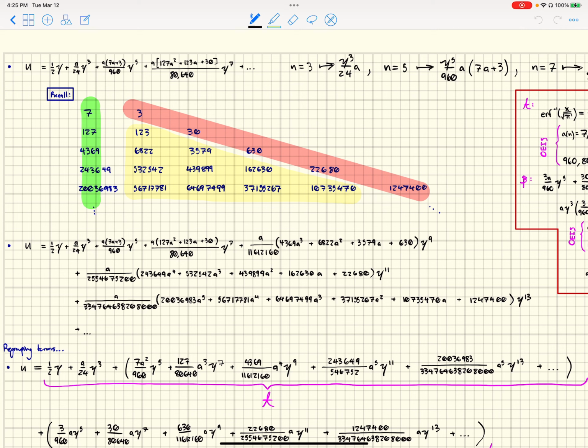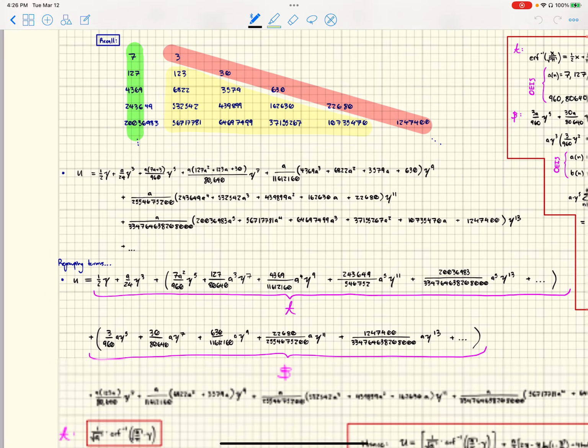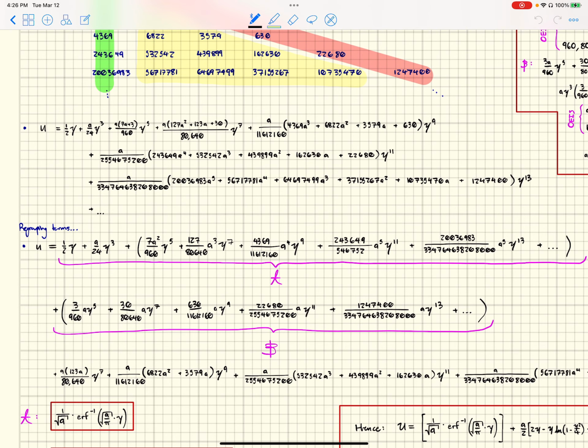And what's interesting is you can actually group different parts of this in interesting ways. And that's what I do below. I'm going to pull out those leading terms, group them on their own. I'm going to pull out those end terms, group those on their own.